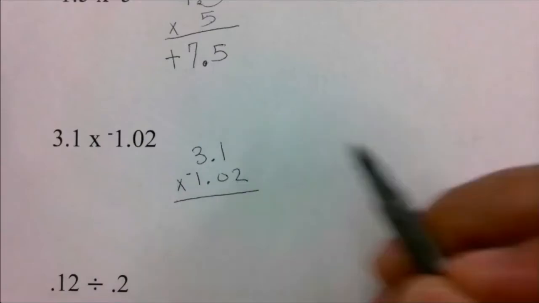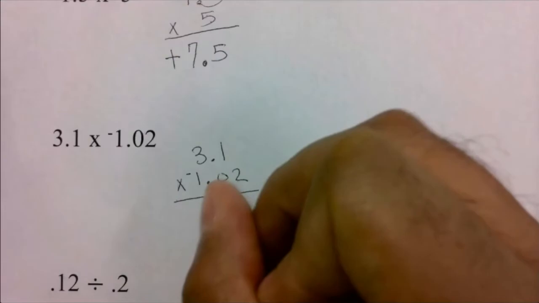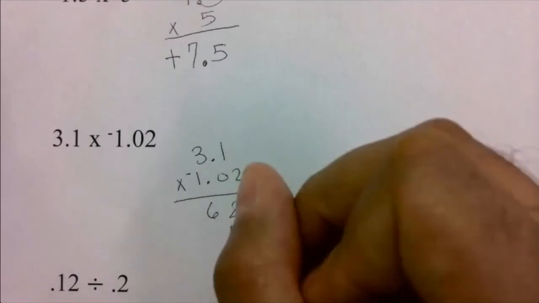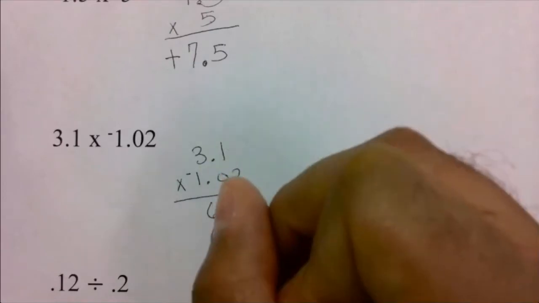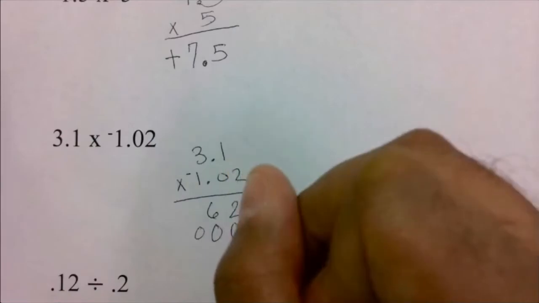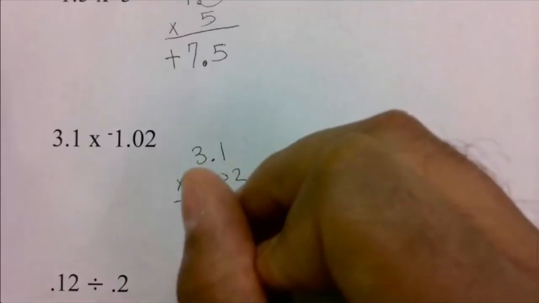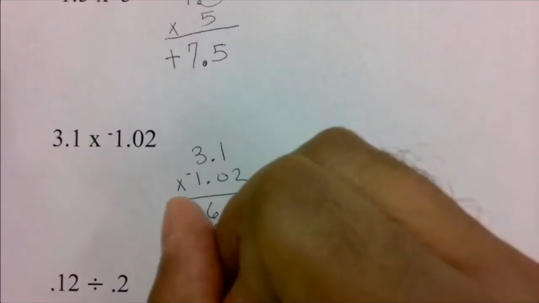2 times 1 is 2. 2 times 3, 6. Now we know we need to drop down a 0. 0 times 1 is 0. 0 times 3 is 0. Now we drop down 2 zeros for a 1. 1 times 1. 1 times 3 is 3.